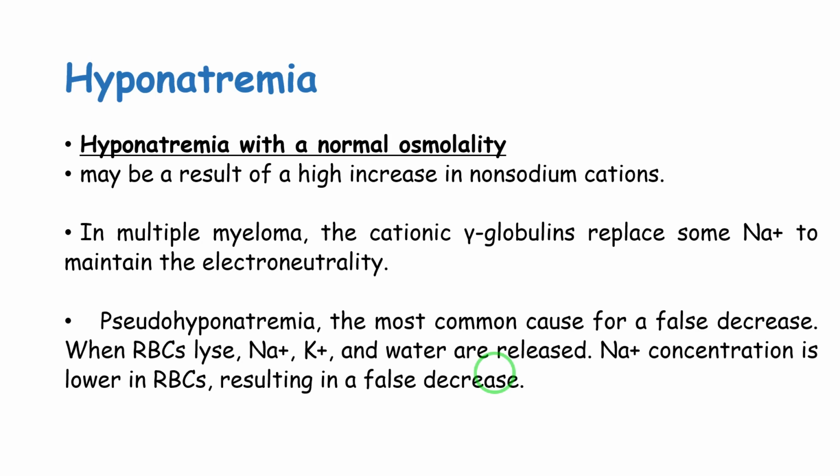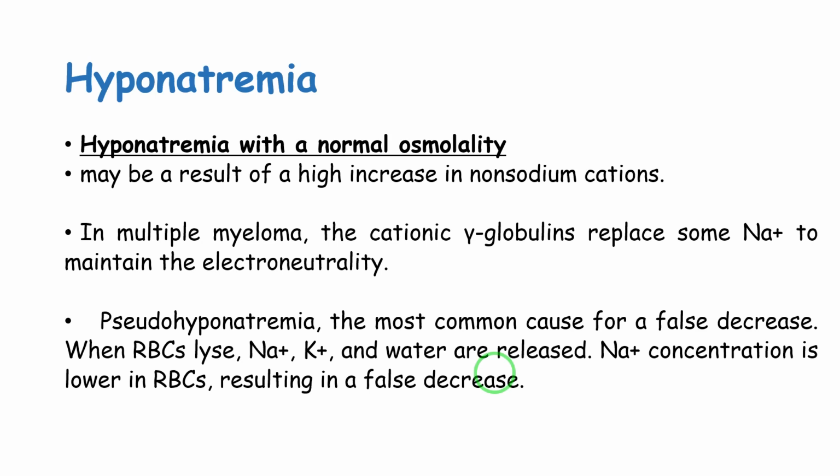Gamma globulin is a cation, which is positively charged, so it will replace some of the sodium to maintain electroneutrality. Overall, the patient is electroneutral in this compartment, but he has hyponatremia.